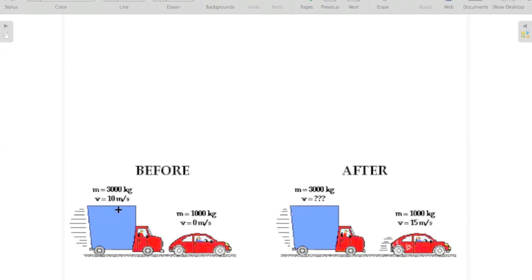So the car alone is stationary and the truck is moving. After the collision, the car moves off at 15 meters per second and the truck should slow down. The truck would change speed. Calculate the new speed of the truck. All right, go ahead and try this one.